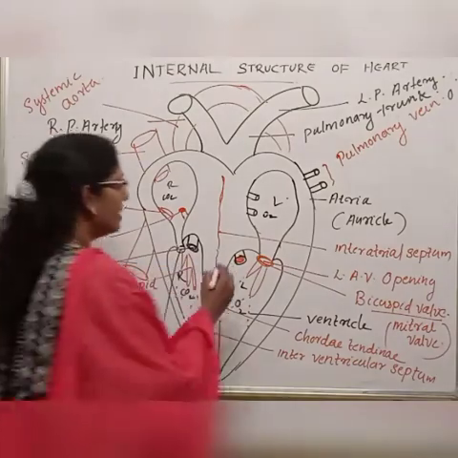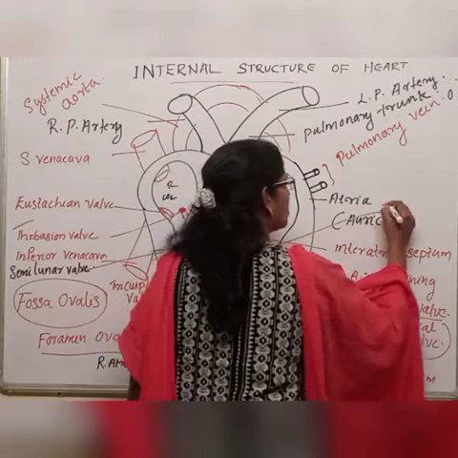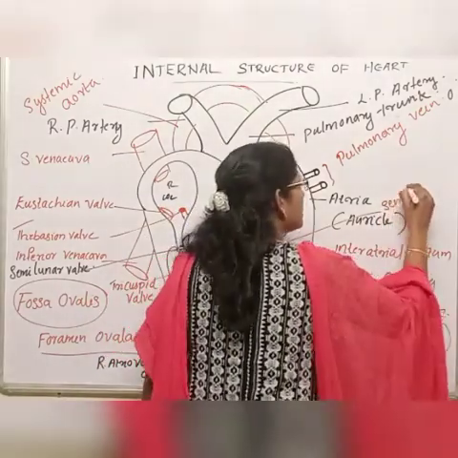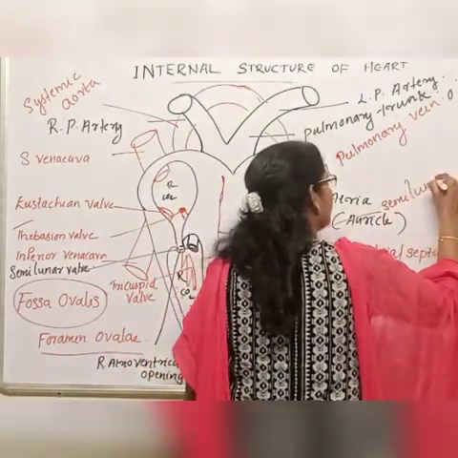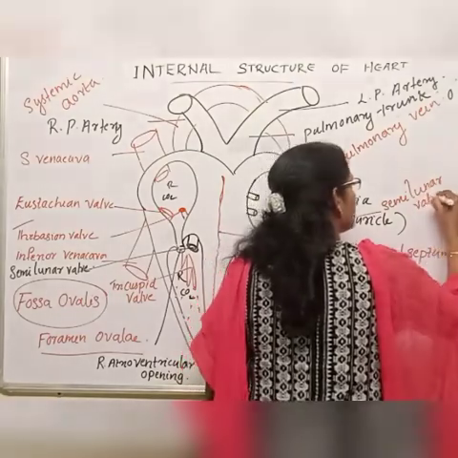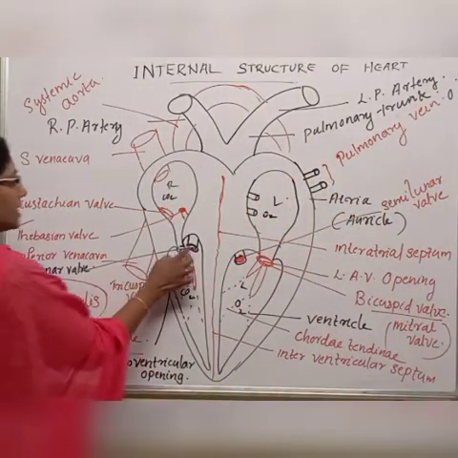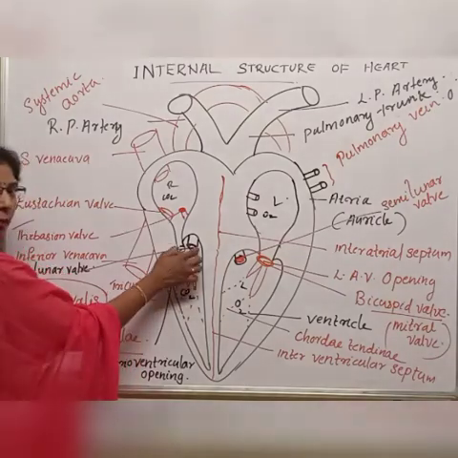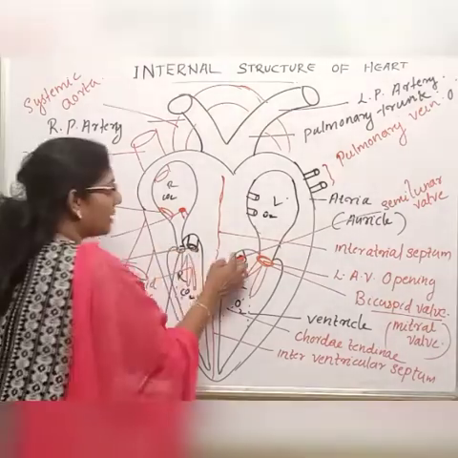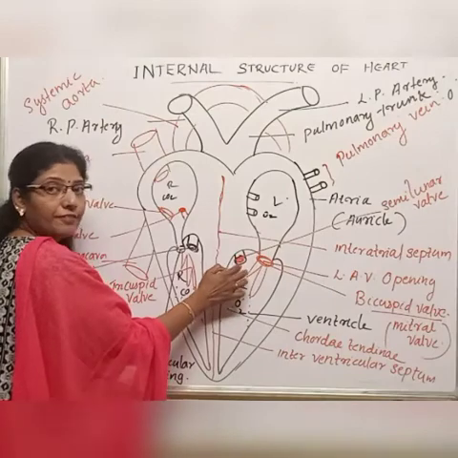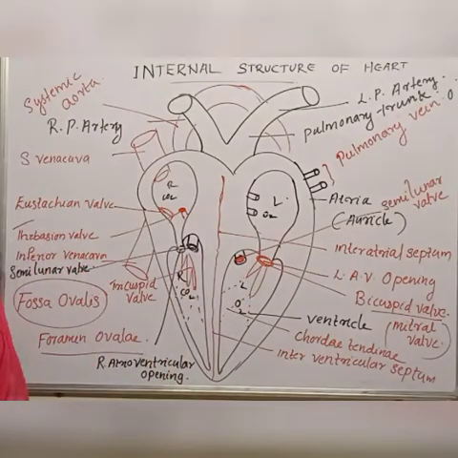This valve is also a semilunar valve. So two semilunar valves are there. One is present in the opening of the pulmonary trunk, and another is present in the opening of the systemic aorta.